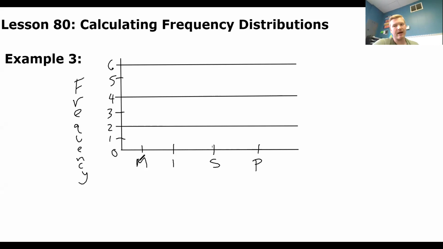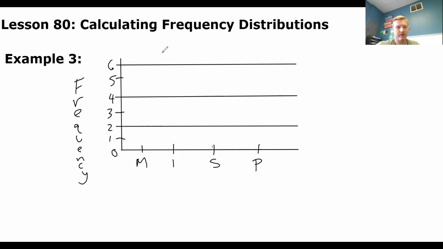So we have an M, an I, an S, another S, another I, another S, another S, another I, a P, and then another I.